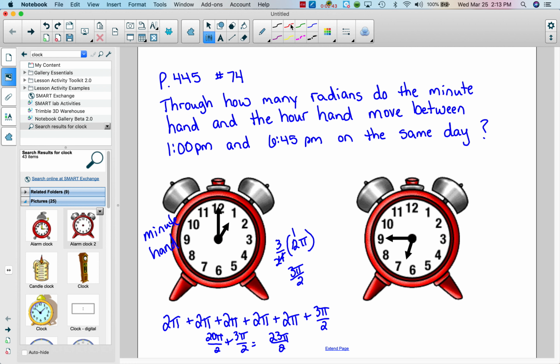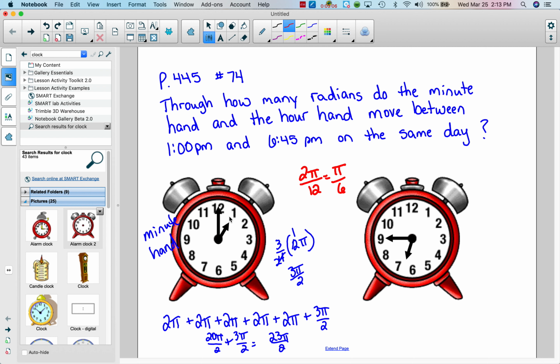So if you take 2 pi and divide by 12, you get pi over 6. Each time I go from a 1 to a 2, I'm going to go a distance of pi over 6.